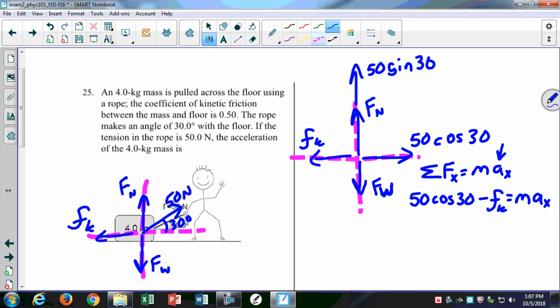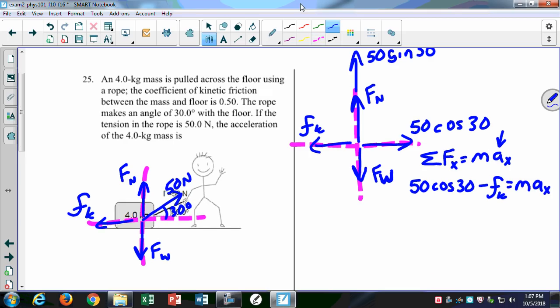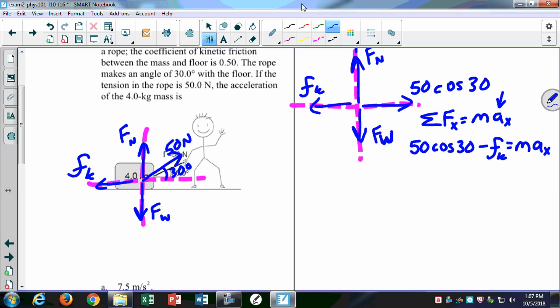But in order to find Fk, I have to know what? Fn, right? I have to know the normal force. So I have to take a little aside to find out what Fn is. I'll do it in red here.